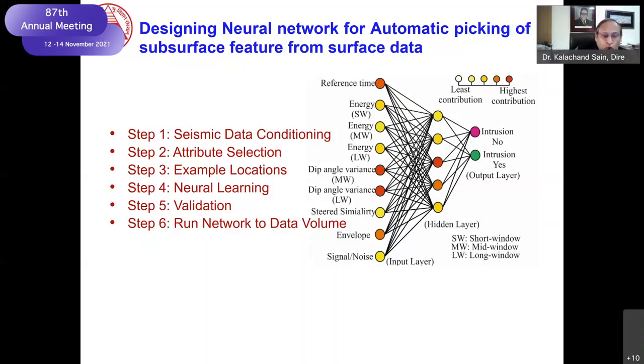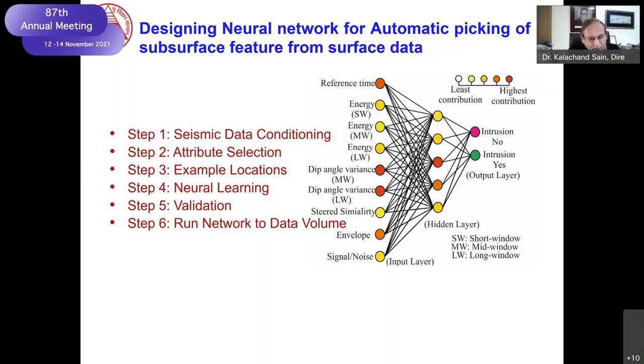So when we look into delimitation of the subsurface geologic features, we need to know what the attributes are that can characterize and define that particular geologic feature. That is available in the literature. There will be many attributes. A single attribute cannot do that, because a single attribute may respond to a channel, and a single attribute may respond to a levee also.